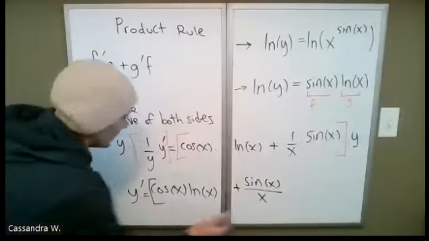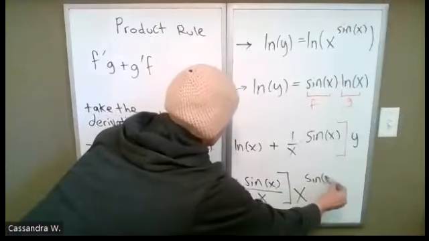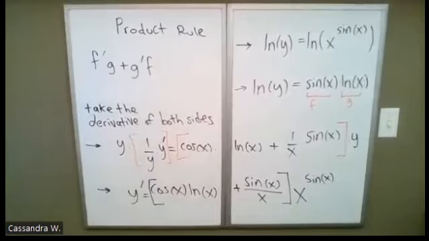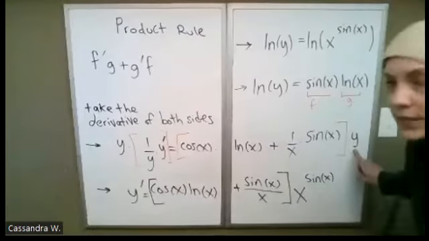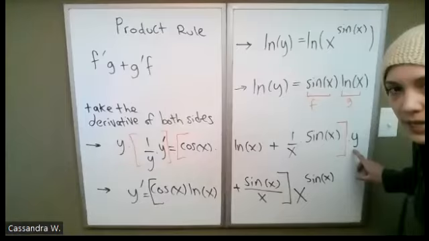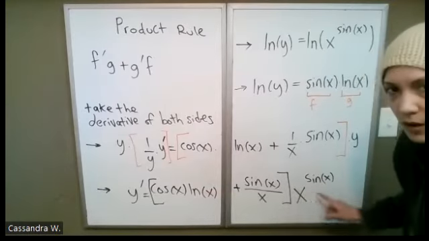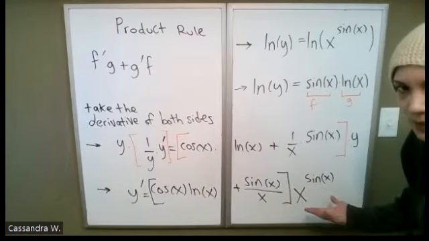And it's all multiplied by x with the power of sine of x. So again, you want to substitute the y that you're given in the beginning and have the variables in your answer all the same. And that's the answer, by the way.